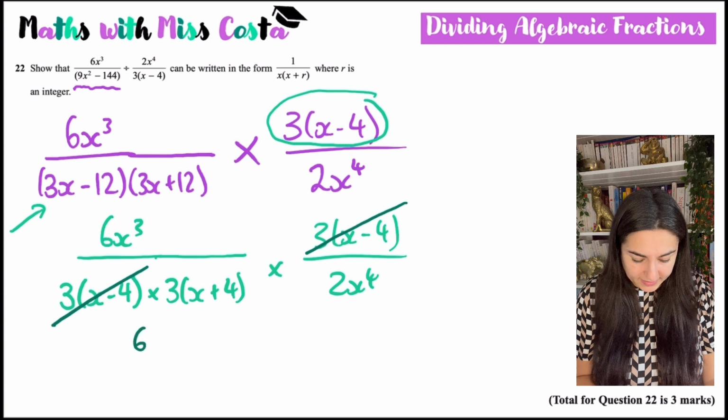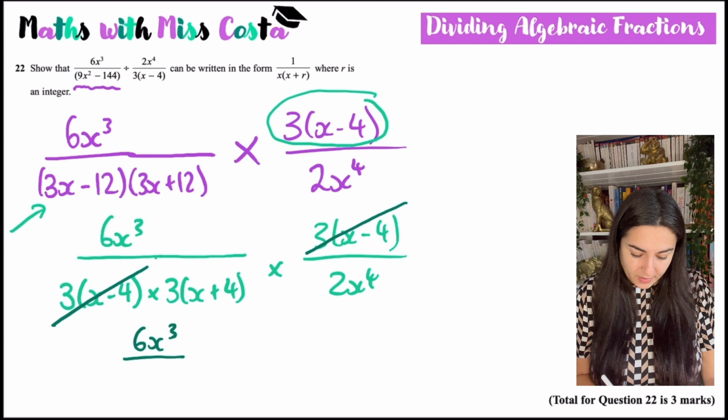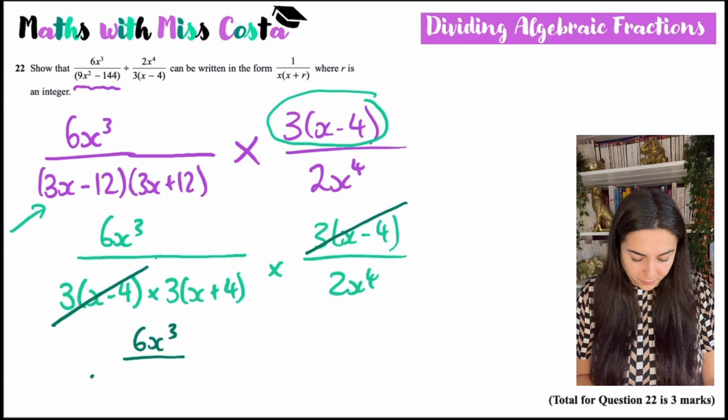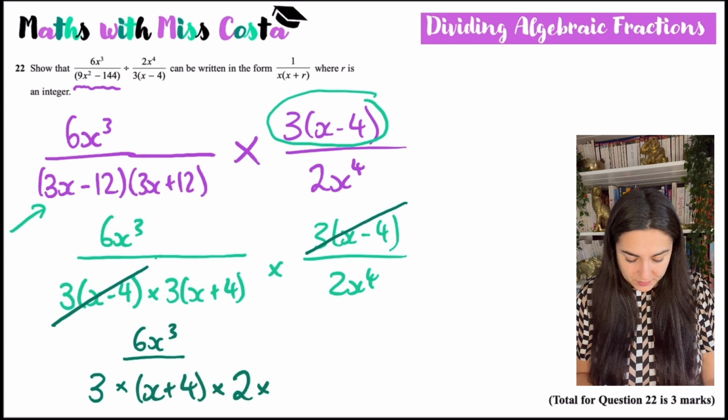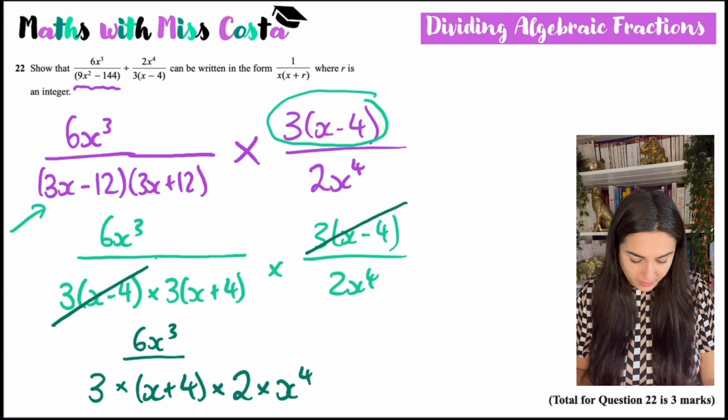So I've got 6x cubed over, what can I do? So I've got 3 times by x plus 4 times by 2 times by x to the power of 4.